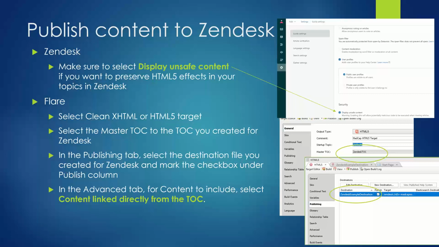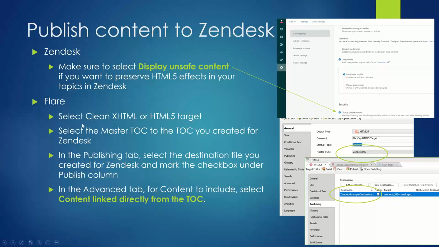This preserves HTML effects you have in your topics. So things like the drop downs, pop-ups, any multimedia, all of that gets included with displaying unsaved content. And I did post a link earlier about what is considered unsaved content in Zendesk, so you can use that as a reference as well.